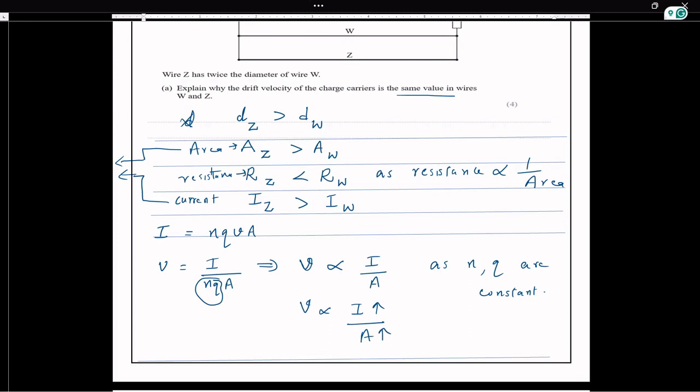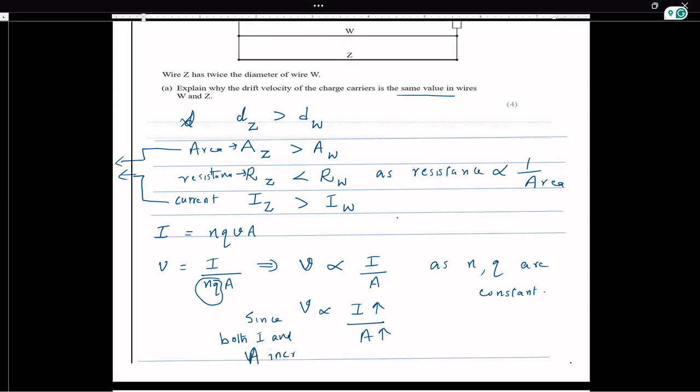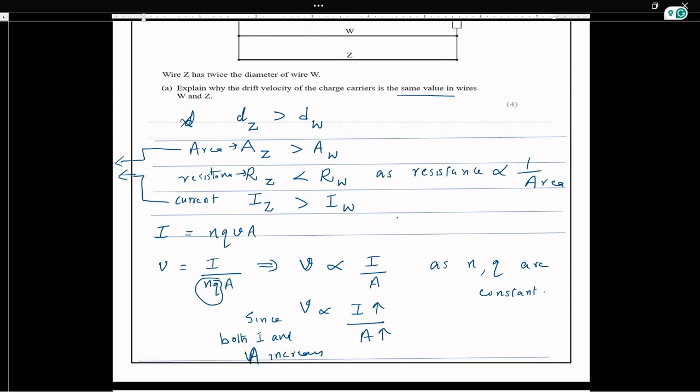So here I am writing, since both I and area increase, V will remain the same.